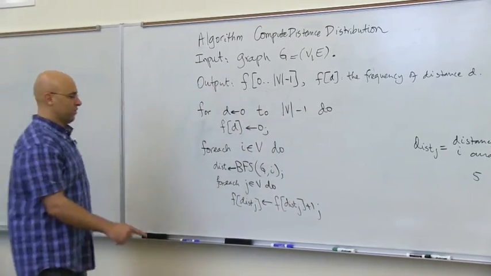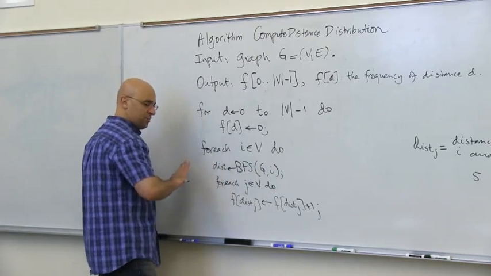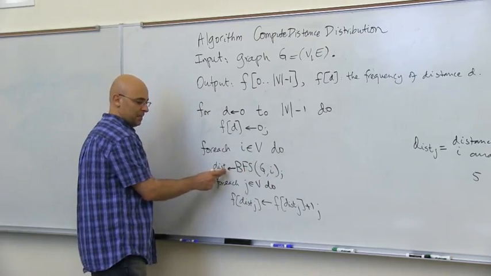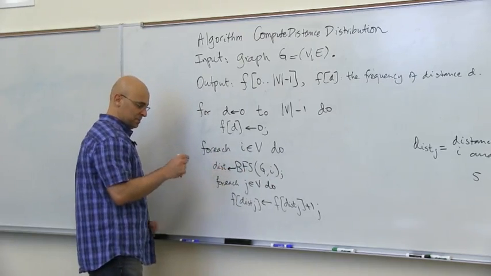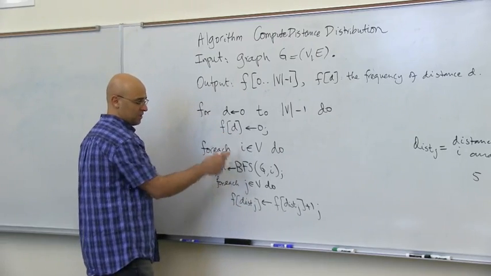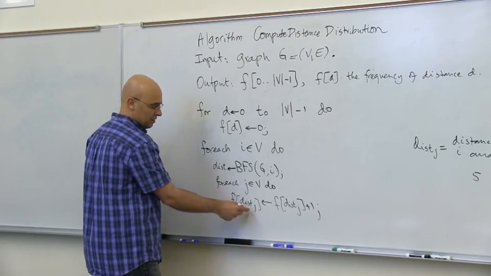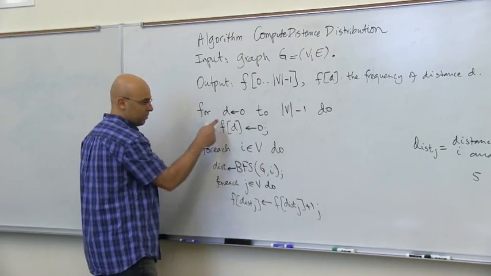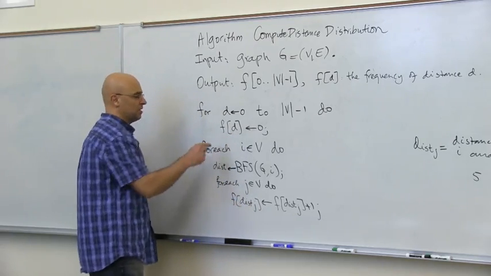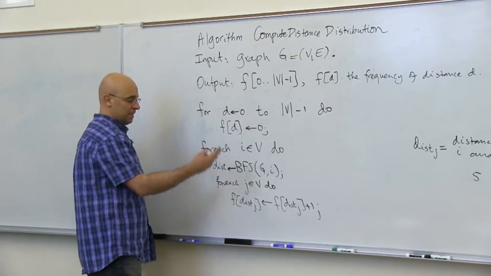Okay? So for each I, I do BFS from I to every other node, computing the distance from I to each one of them. Then for these distances, I take them one at a time, and I update the frequency of the distances. So if I see dist of j is 5, then I add 1 to f of 5. If I see for another node dist of j is 3, I add 1 to f of 3, and I keep updating them.